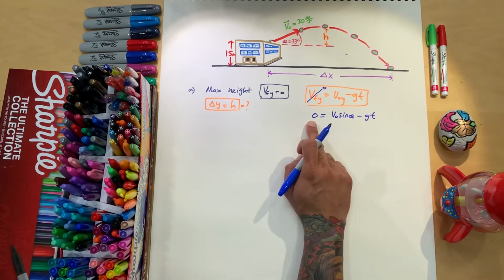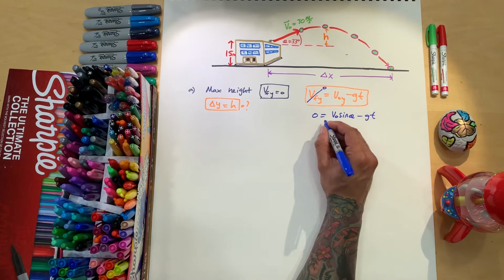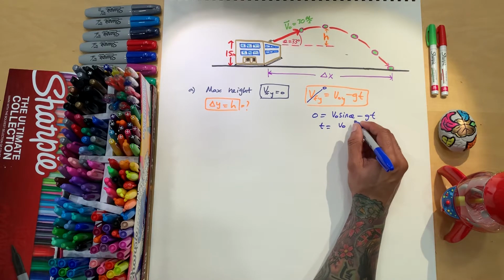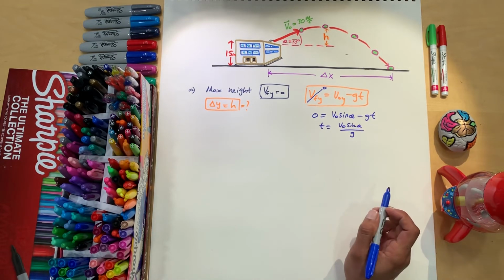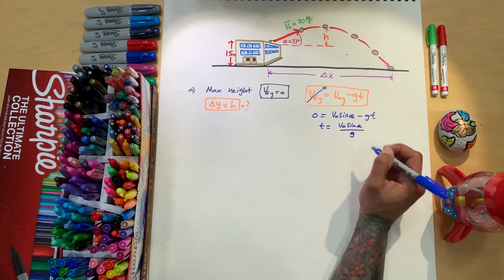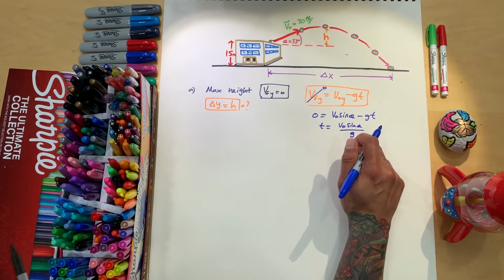Okay, so we have this now, and let's solve for t. So t is going to equal V initial sine theta over gravity. We know all these values because we got V initial, we got the theta, and we got gravity.